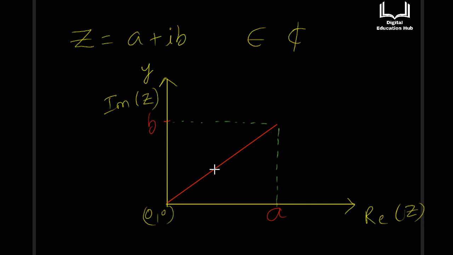So here this point is z. So this is the graphical representation of this.